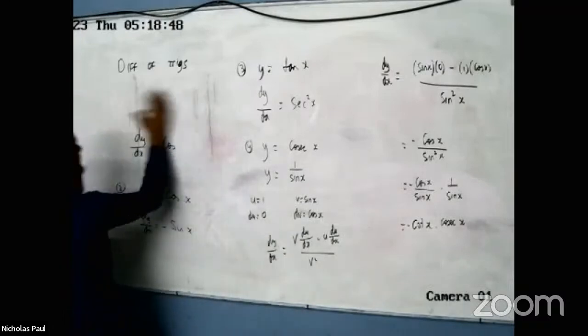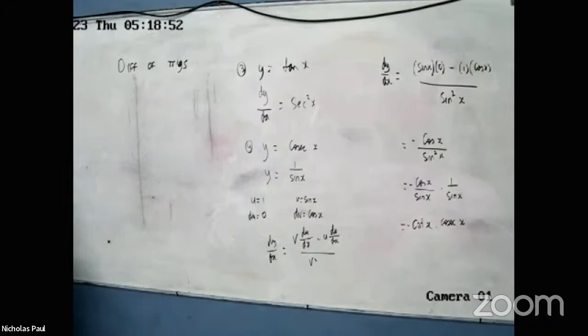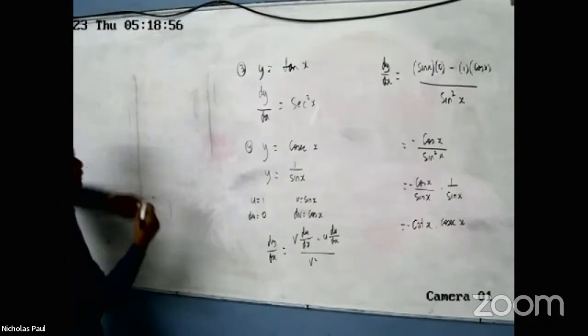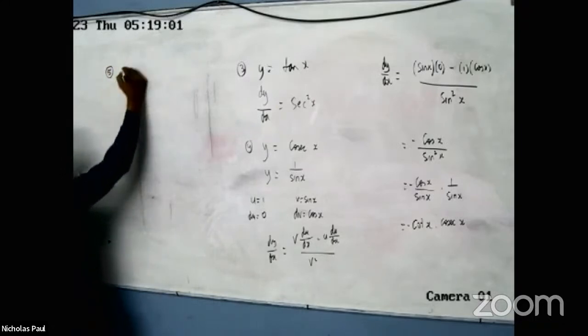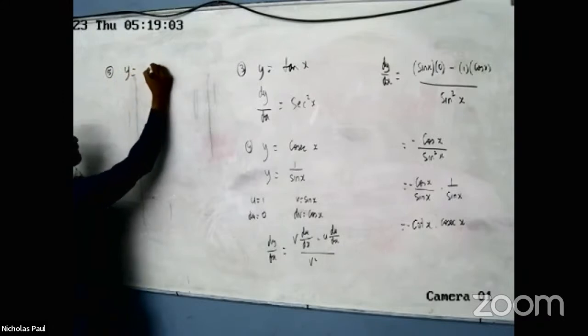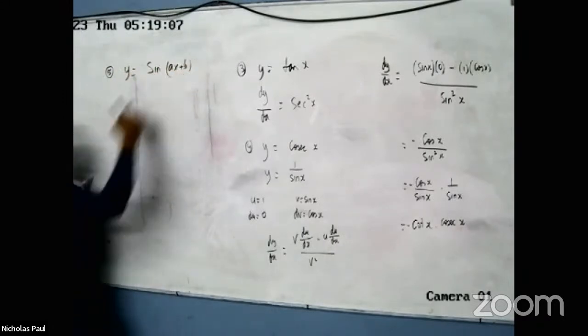Now, if you change this up, what you will actually see is, suppose we had to differentiate sine of ax plus b. What's the long way to do this? Which rule?